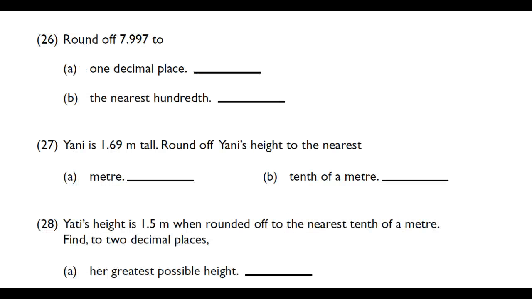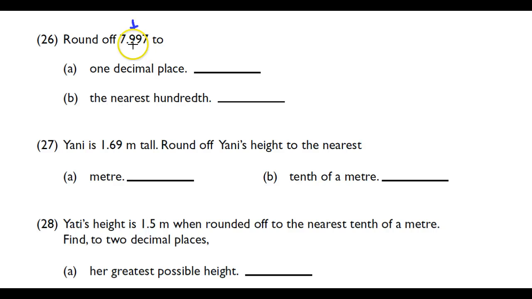Alright, round off 7.99 to 1 decimal place. Now 1 decimal place means here. Okay, I end the number here. So this is 9, right? Should I round down to 90, or for this should I round to 100?